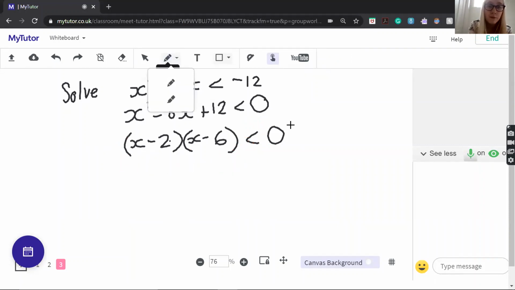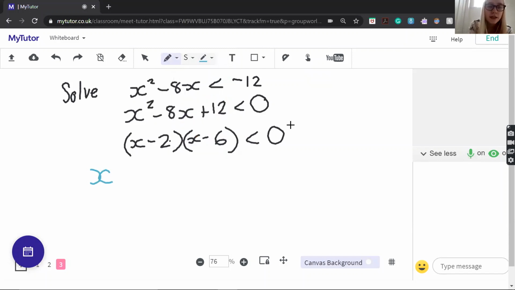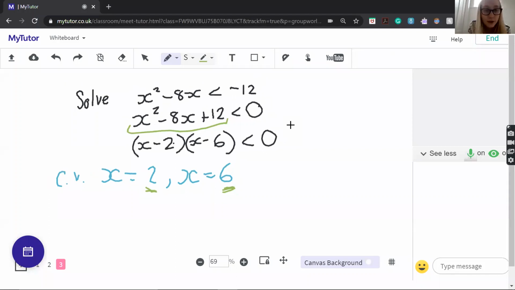From last week's factorisation, you'll remember that's when either one of these brackets is equal to 0, and that occurs when x equals 2 or x equals 6. So what we're going to do is sketch this curve. These points tell us where it crosses the x-axis, because that's where it's equal to 0. And when it's equal to 0, that's what y is. Let me try to explain that.